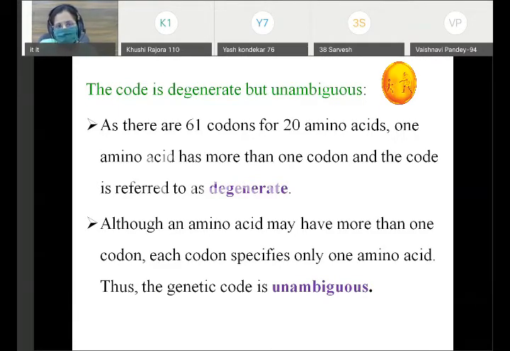Now we have 61 codons and 20 naturally occurring amino acids in the human body, so 20 amino acids can be identified from 61 codons. So the number of codons is more and the number of amino acids is less. That means a single amino acid can have more than one codon. And that's why the code is referred to as degenerate. Are you getting this point?